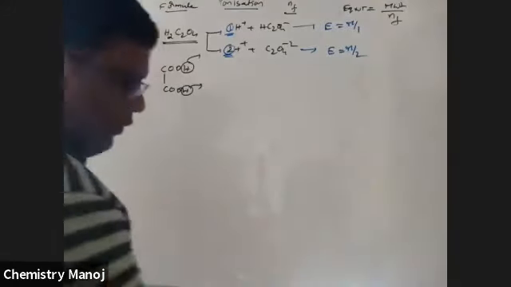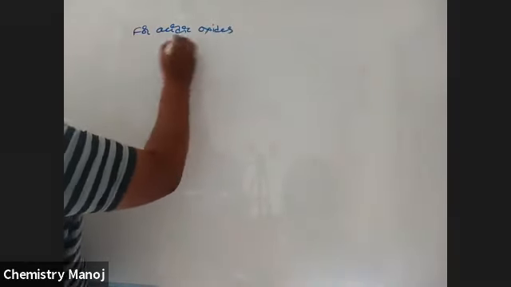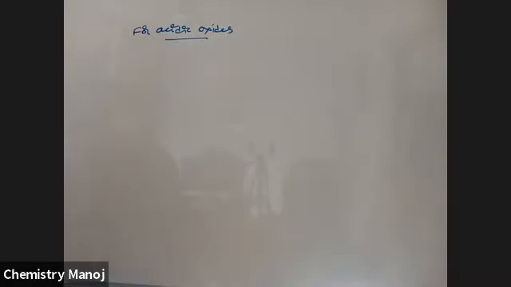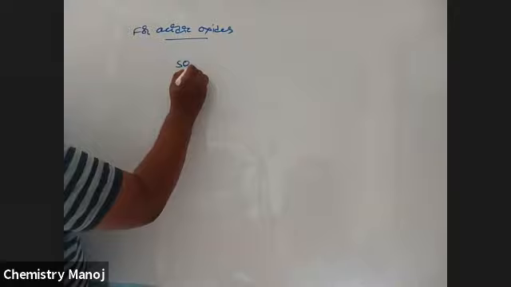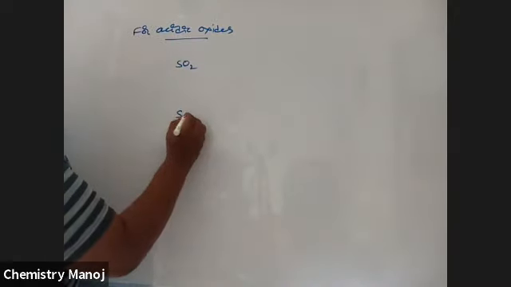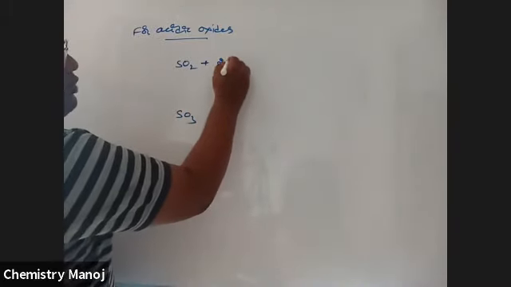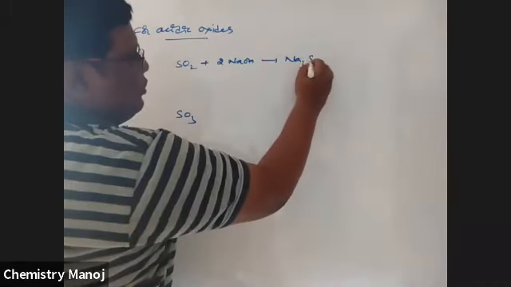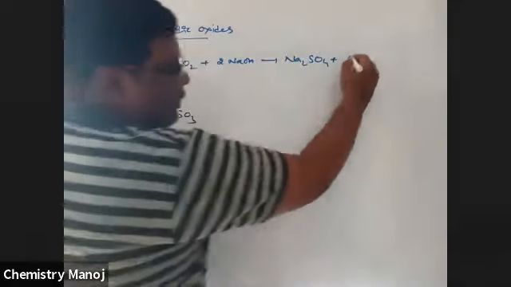Now, for acidic oxides, how much is the n factor? See here, SO2, sulfur dioxide, is an acidic oxide, and SO3 is also an acidic oxide. Non-metal oxides are acidic. These acidic oxides react with 2 NaOH to give Na2SO3 plus H2O for SO2, and Na2SO4 plus H2O for SO3.